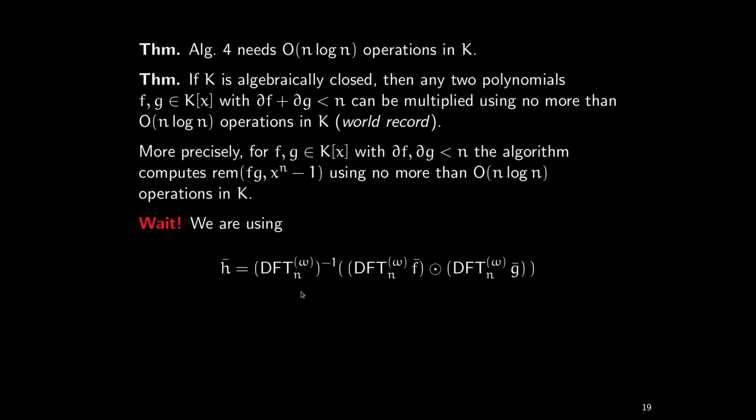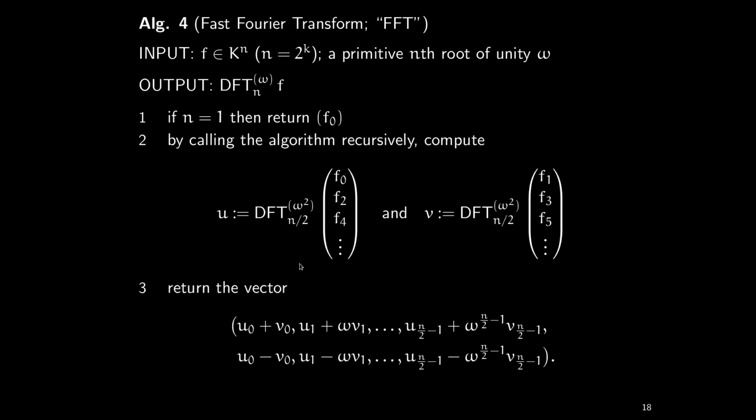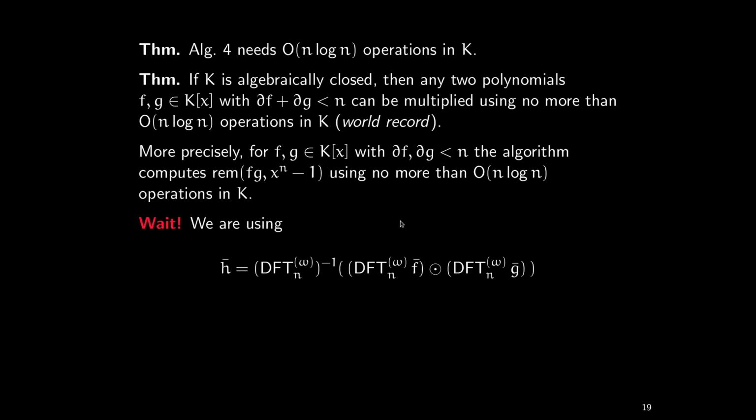I don't need an additional algorithm because the inverse of the DFT is again a DFT, just with a different root of unity. So I can use this algorithm, just use 1 over omega here. But that's just almost the inverse. There is in addition a division by n.